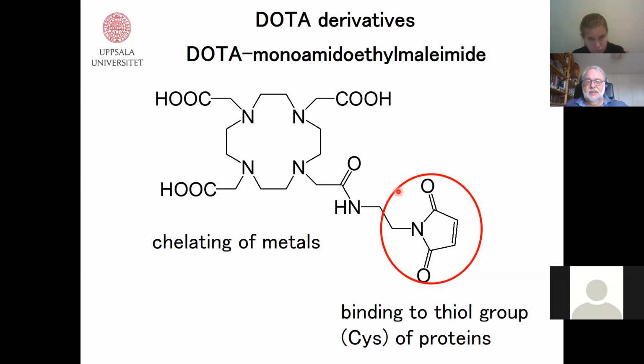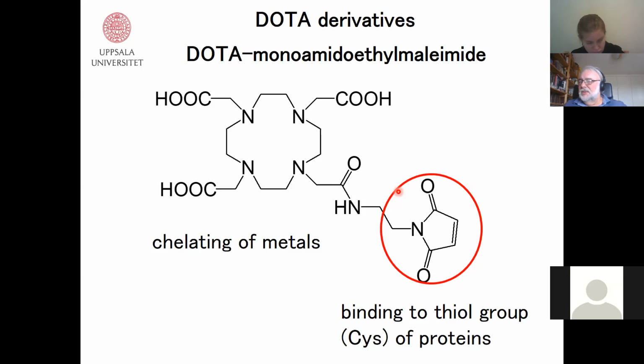There is no single cysteine. So if we introduce a cysteine by gene engineering, there will be only one SH group in the whole protein. So that creates a precondition for site-specific labeling.